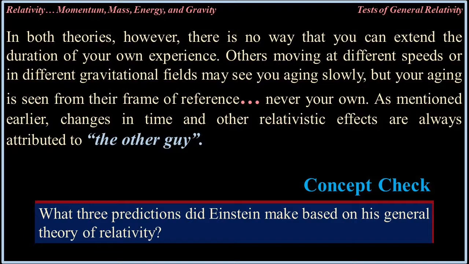Others moving at different speeds or in different gravitational fields may see you aging slowly, but your aging is seen from their frame of reference, never your own. As mentioned earlier, changes in time and other relativistic effects are always attributed to the other guy.